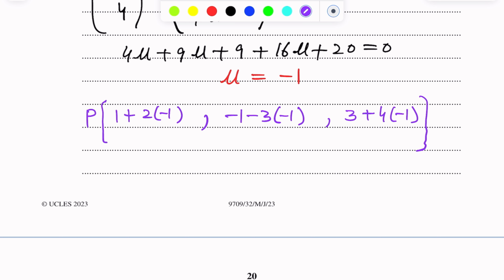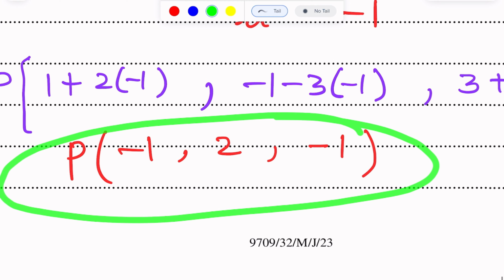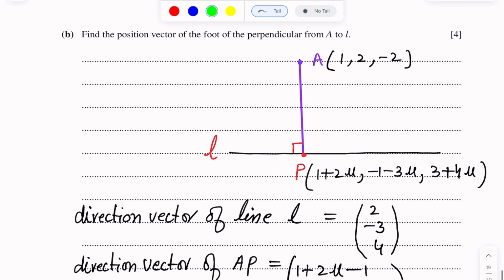Simplifying, we get point P as minus 1, 2, negative 1. These are the coordinates of point P, the general point on the line L.